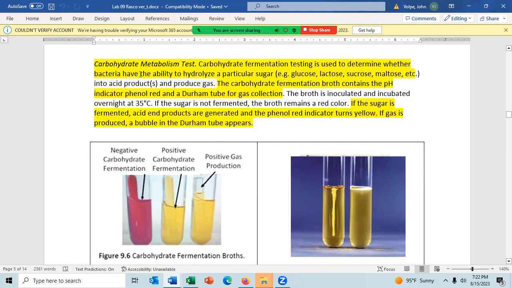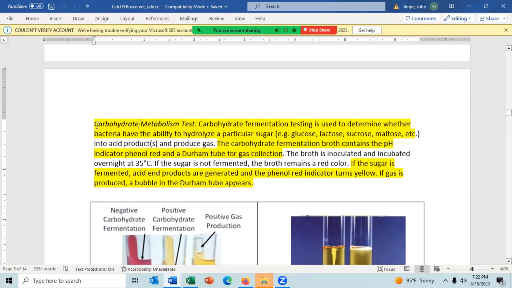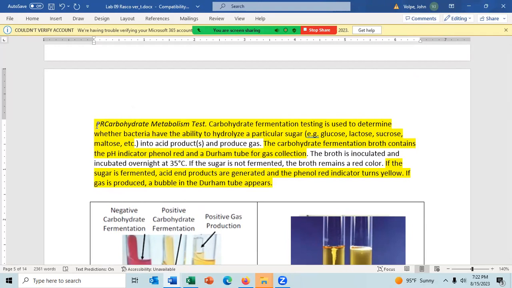So I should change that and make that PR carbohydrate metabolism test. I'll have to do that online. But for now, I've got it here. Hopefully I can save this. Since it doesn't have the verification, it wants to shut down the Microsoft.